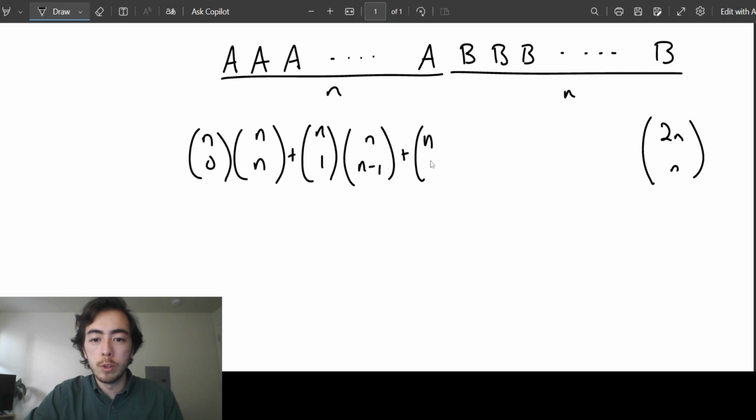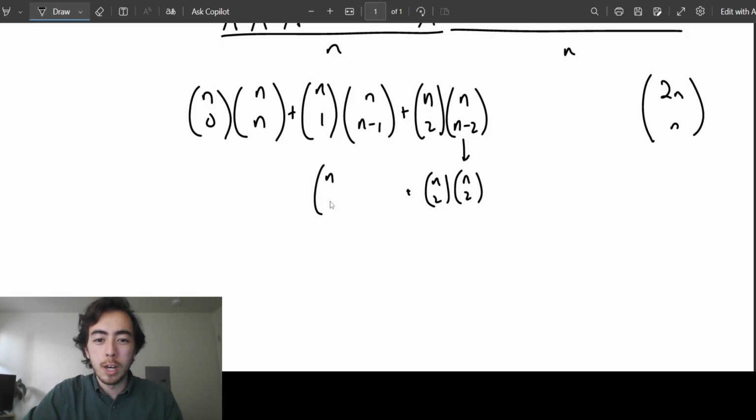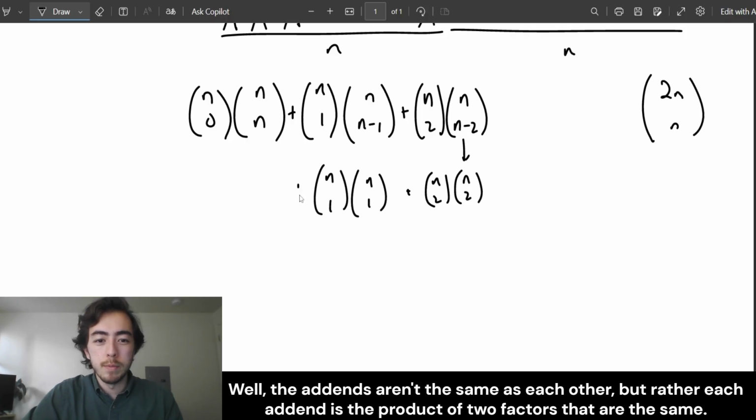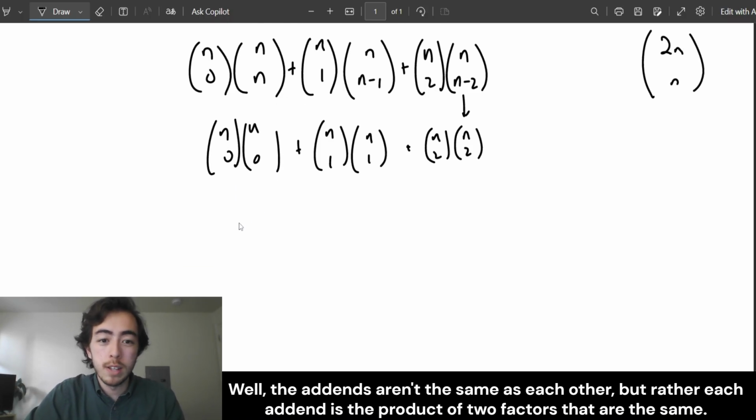I could choose 2 people from group A and all but 2 people from group B. And if you remember from earlier, choosing all but 2 people is the same thing as choosing 2 people. So each of these entries that I'm adding up are the same thing. And then I could write it as that number squared because I'm multiplying it by itself.